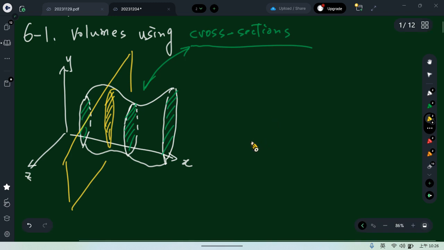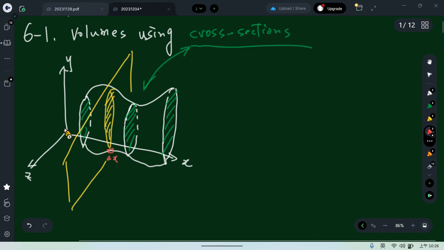So if for each cross-section you can get the area, use the area times delta x, then you can get the volume for this small piece, right? And you can just accumulate one by one, then finally you can get all the volume.